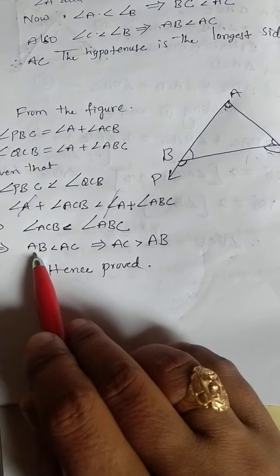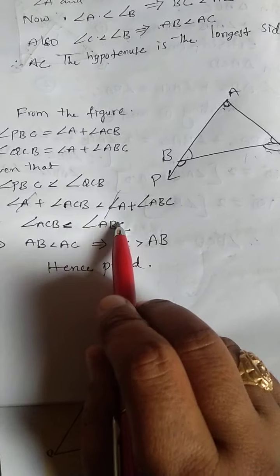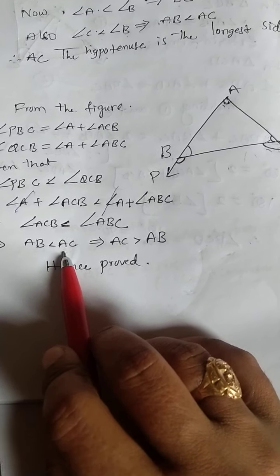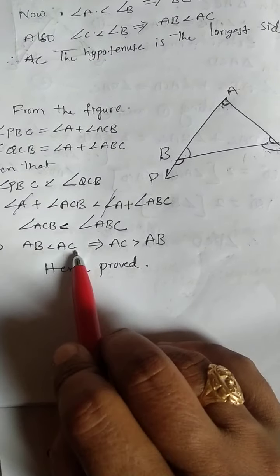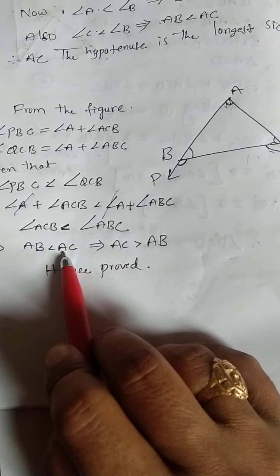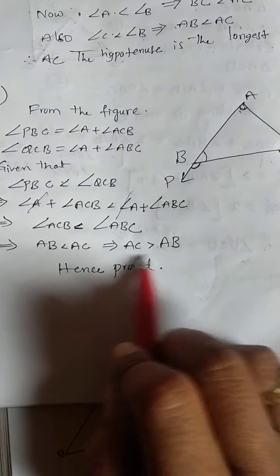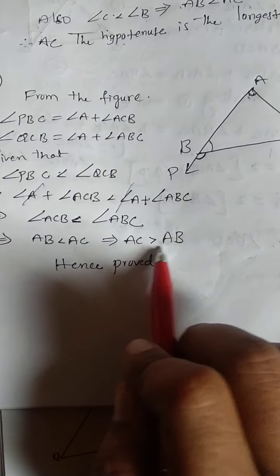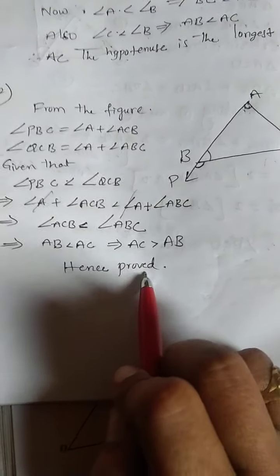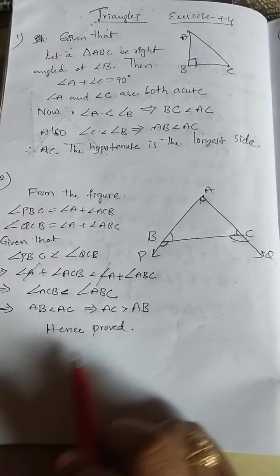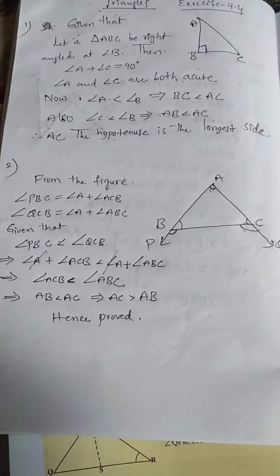So instead of the angles, taking the sides, AB is less than AC. That means AC is greater when compared to AB. That is our requirement: AC is greater than AB. Hence proved. I hope you understood these two solutions. Thank you.